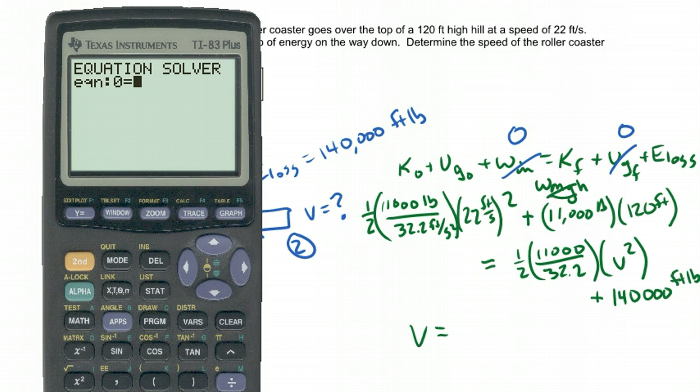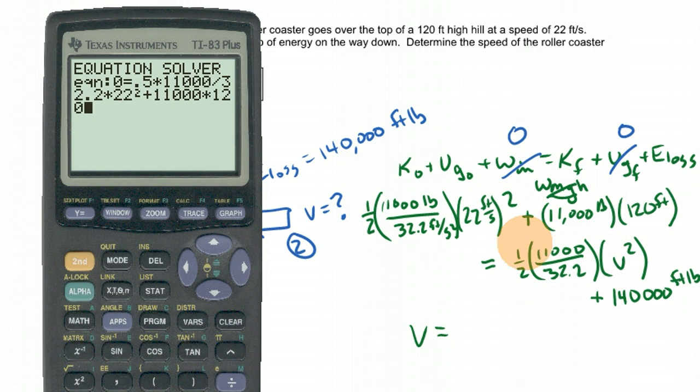Okay, let's see. 0.5 times 11,000 divided by 32.2 times 22 squared, plus 11,000 times 120.